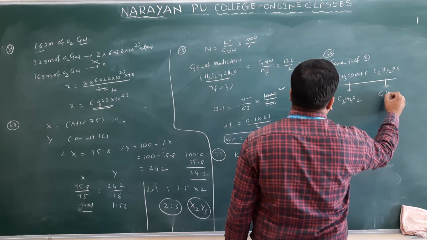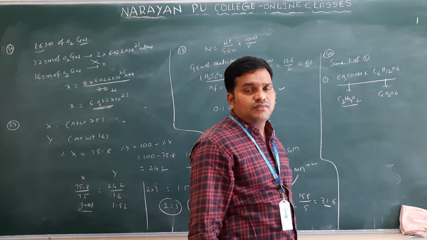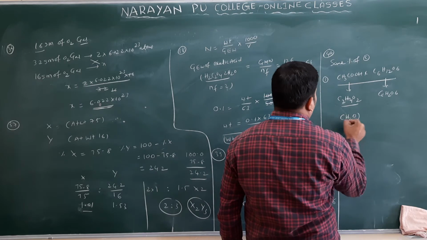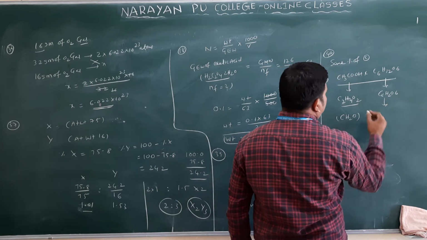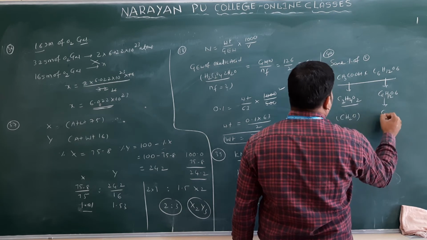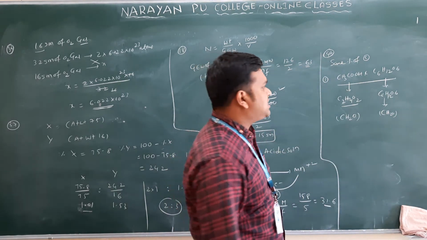How can we write this one, taking C6H12O6? Can you simplify this fraction? Yes. By dividing by 6, what do we get? CH2O. What is the same?